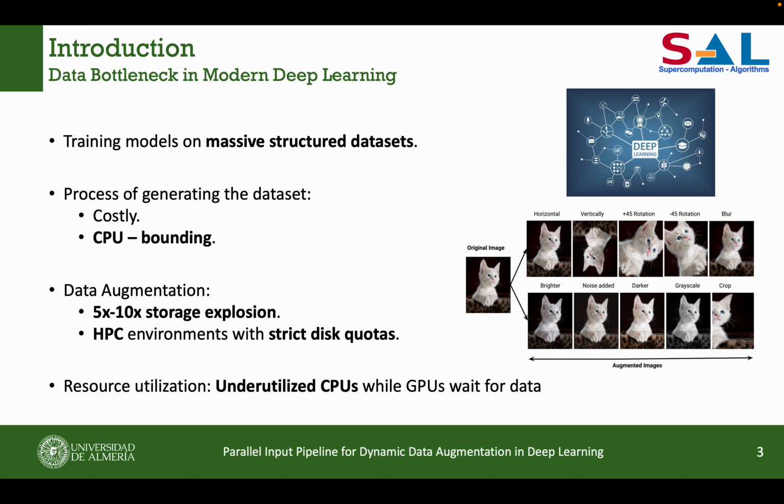Some environments have very strict quotas that may not handle the disk size required to store the augmented dataset. Also, in some cases, when the GPUs are being used to train the models, the CPUs may be underutilized. So this is a bottleneck that we are aiming to solve in this work.